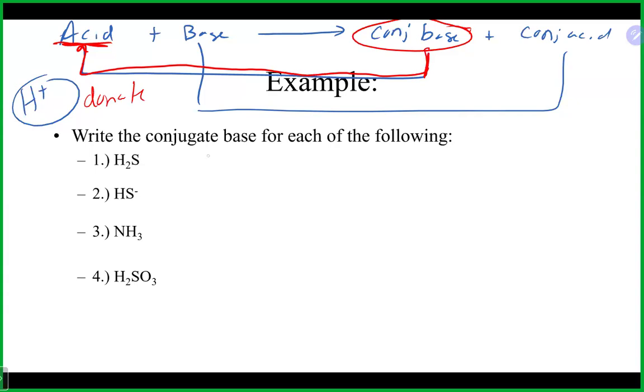So if we do that, if I take an H off of this first one, I'm left with an H and an S. Now remember, this thing was neutral to begin with, and it lost a positive charge, so it becomes one more negative than where it started from. Now, if I start with this guy, I'm going to also remove an H plus, and when I remove the H, I'm left with an S only.